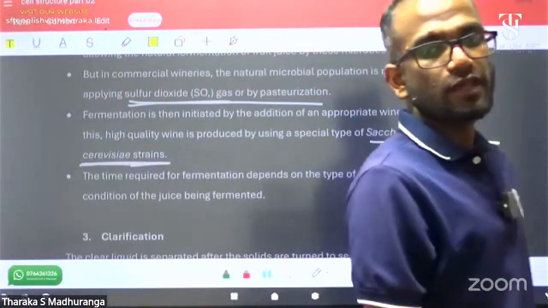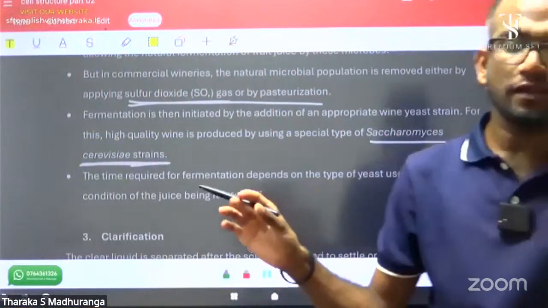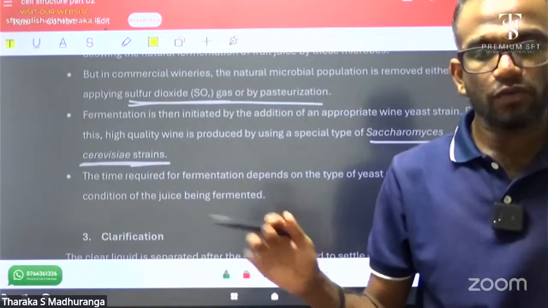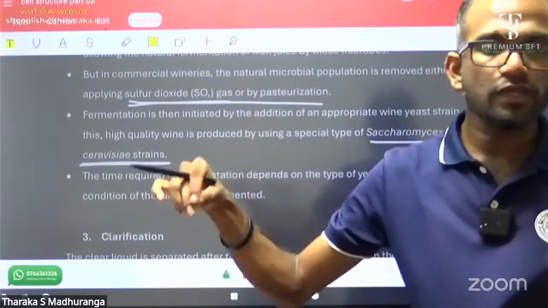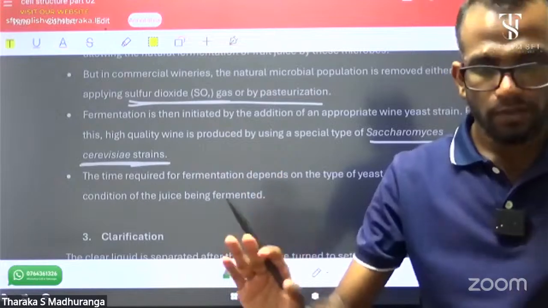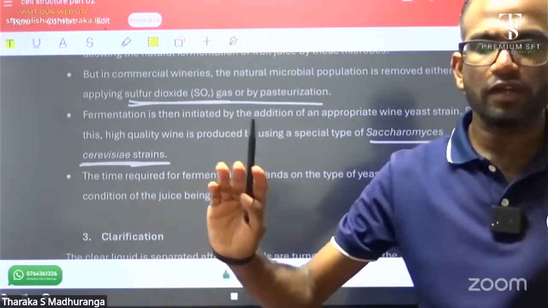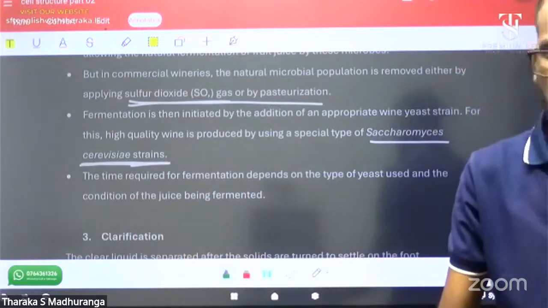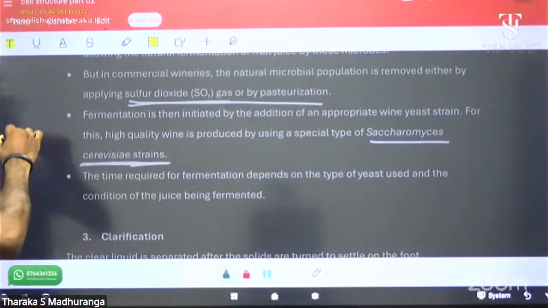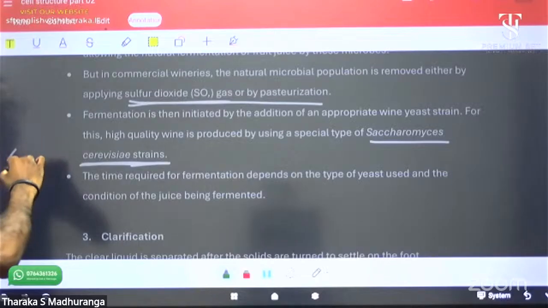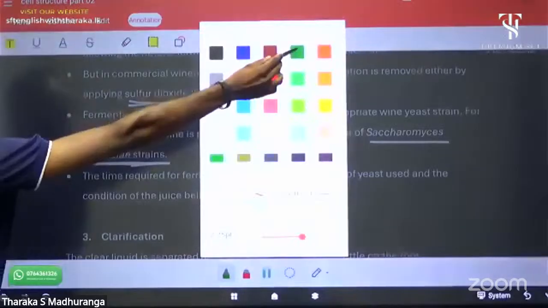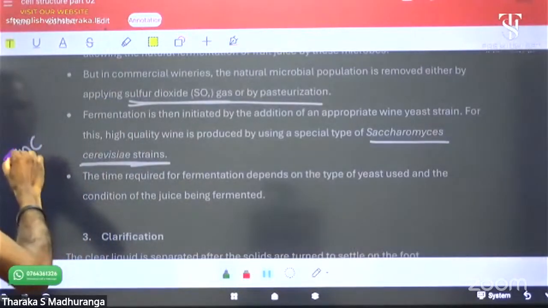Saccharomyces cerevisiae, a specially cultured strain, is added into the mixture and kept for a few days, 1 to 2 days, for the fermentation process. This fermentation process we call incubation. Do you know the meaning of incubation?